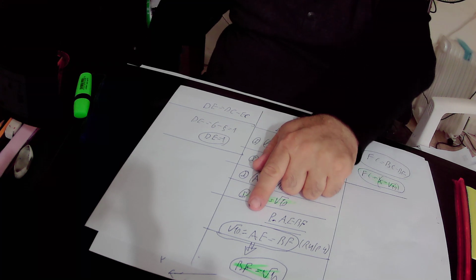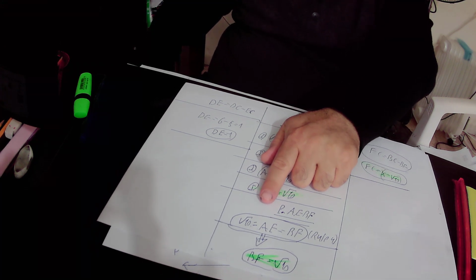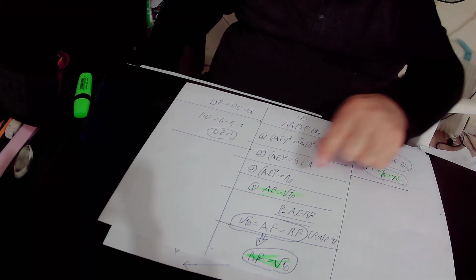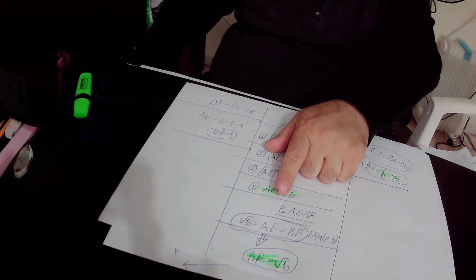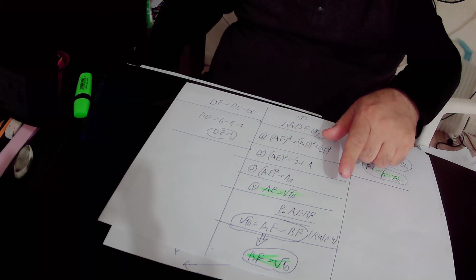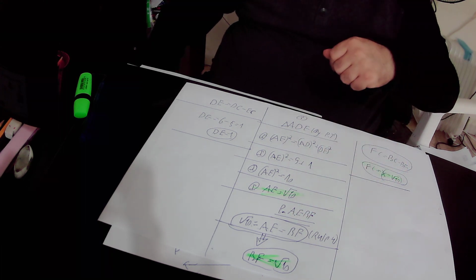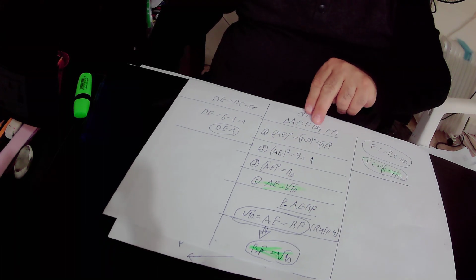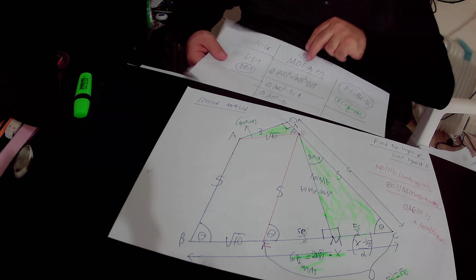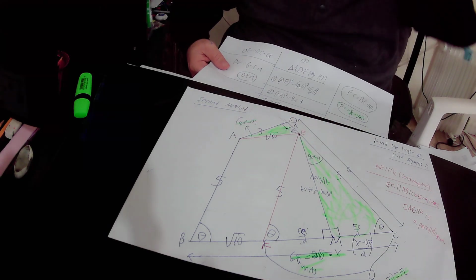But we just found out that AE equals the square root of 10 units. So from this, we derive that BF is also equal to the square root of 10 units.